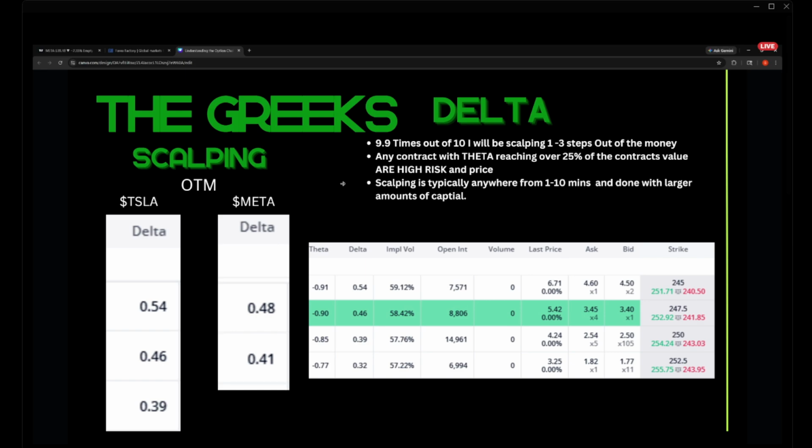Now, 9.9 times out of 10, if I am scalping, and I've done this on Tesla, on Qs and IWM, I scalped Qs when it gapped down and then popped back up. I had some runners on the downside, and so I decided to scalp my way back up to the upside. This is where I am typically looking 1 to 3 steps out of the money. Scalping is not something I do on a regular basis, just like day trading wasn't.